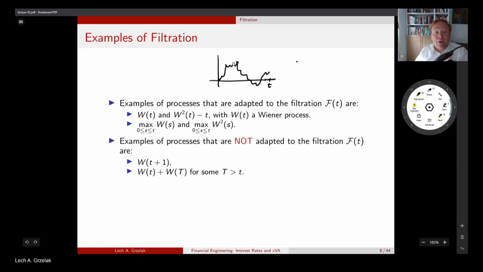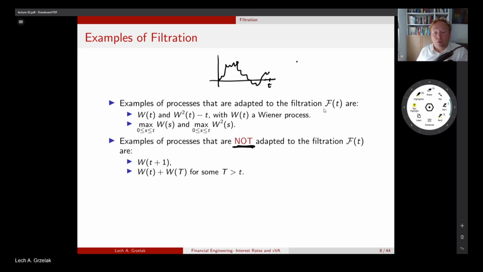It is just historical information about the path realizations. So obviously it is measurable, and of course this is adapted. Those two processes are adapted. And square, or whatever power you have there, does not change the property of a process being adapted or not.